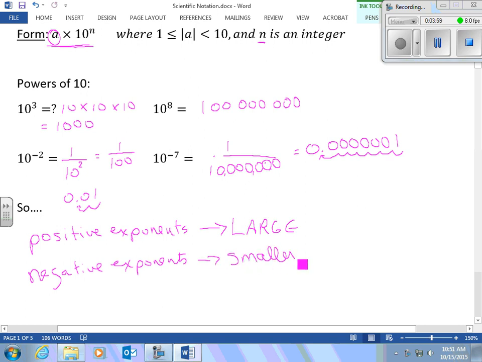Okay, in fact, numbers that are less than 1. And that's just the negative on the exponent. If it's a negative number in scientific notation, the negative will be out front, and you'll see that in the next example.